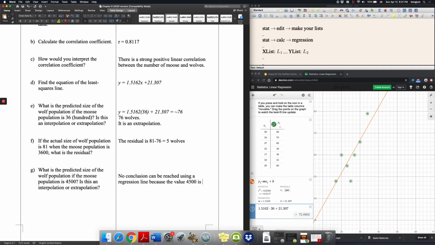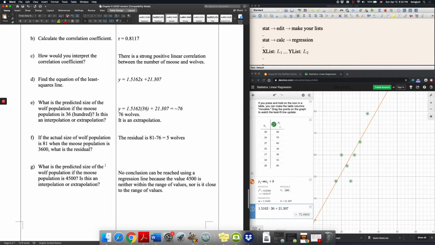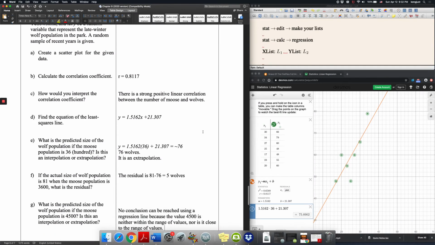Let's write it this way: it is neither within the range of values, nor is it close to the range of values. Not the best wording, but you get the idea. Okay, so we can't make a prediction because 45 is not only outside, but it's far away from everything that we have. Okay, that question is done. Let's move to the last question.